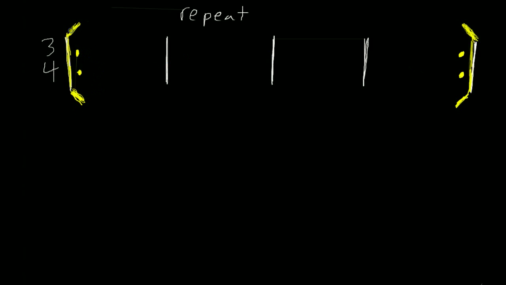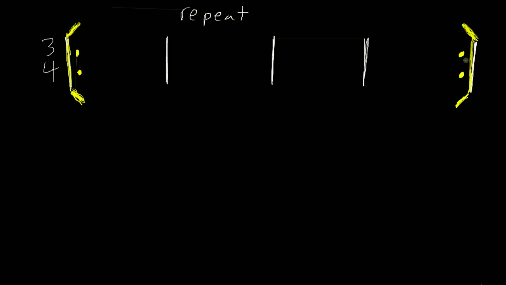If you just see this and you don't get any other instruction about it, all this means is to play through this example once and then go back and play through it again and then move on. In this example, whatever music we put in these bars, we're going to play through it once, then play through it again, and then stop.